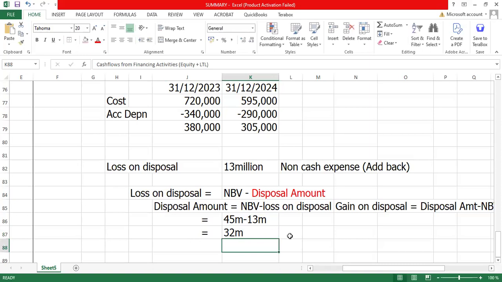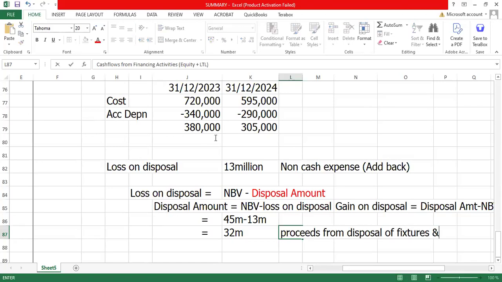So this is proceeds from disposal of fixtures and fittings.